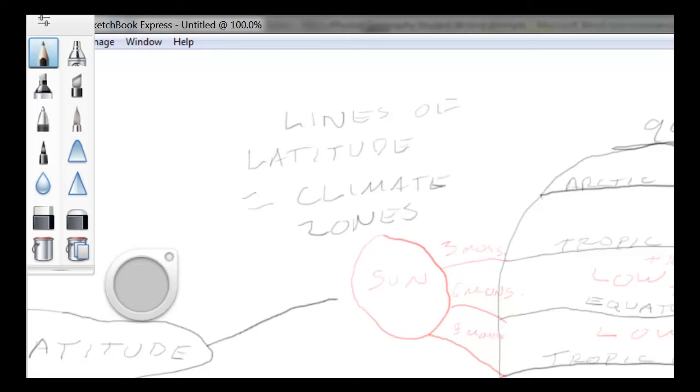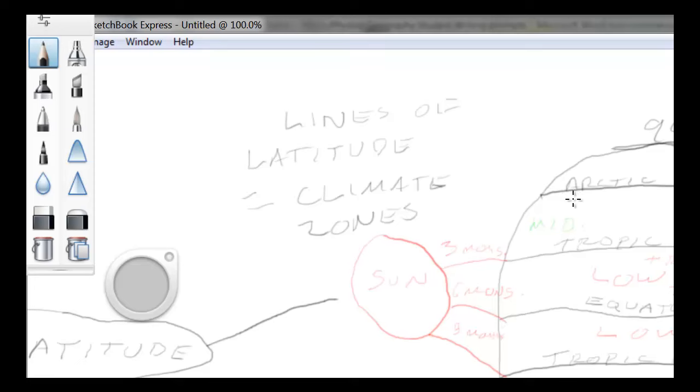There's another generalization we can make about the next important line of latitude, which is these temperate. This is our mid latitudes. And if you're in the northern hemisphere, we have a lot more land than in the southern hemisphere. So you would not exactly come to the same conclusions because you have more oceans and less land in the southern hemisphere.